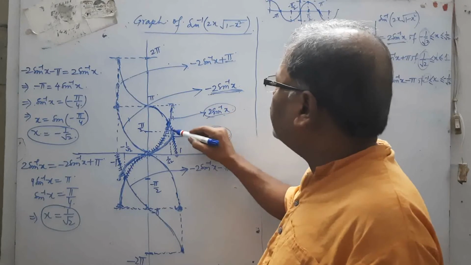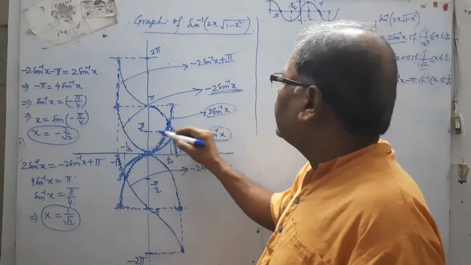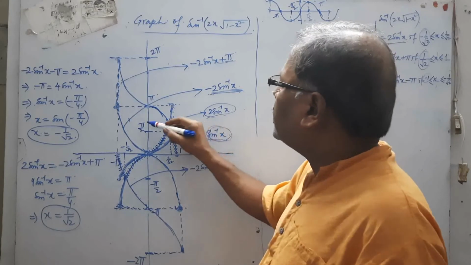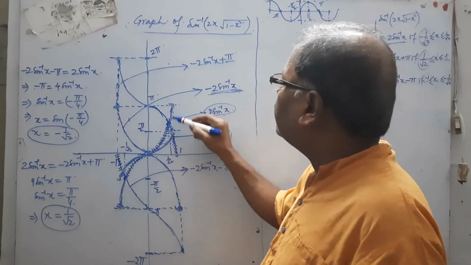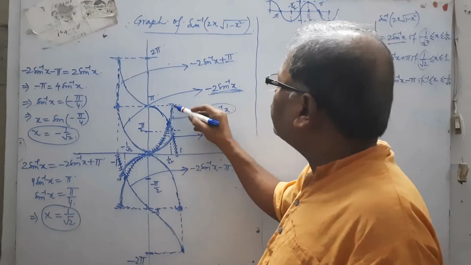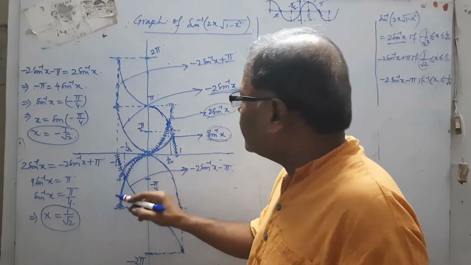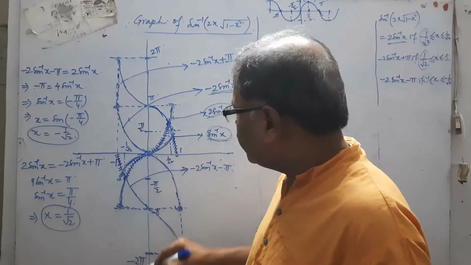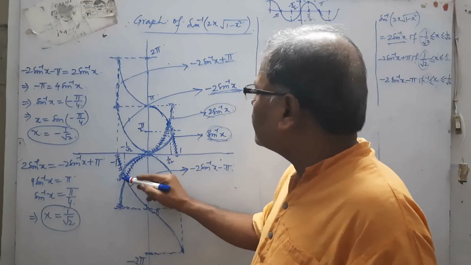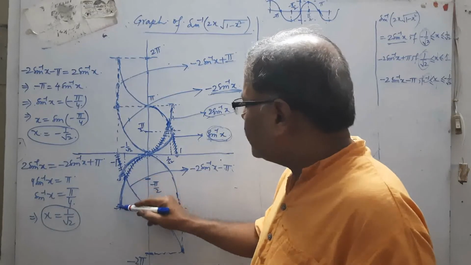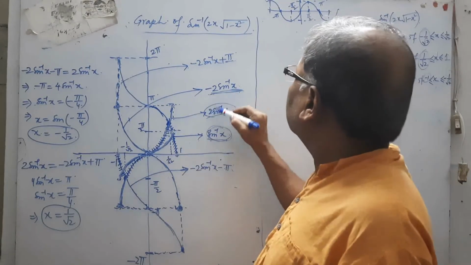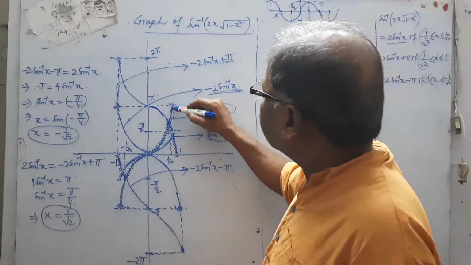Means earlier this point was represented as pi by 2, sorry. Then if you multiply 2 to this one, then it will become pi at this point. Similarly, this point was representing minus pi by 2, which will be shifted to this minus pi. So your final curve for the 2 sin inverse x is this one.